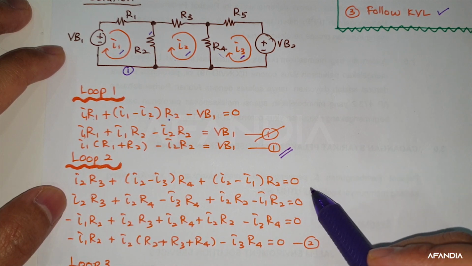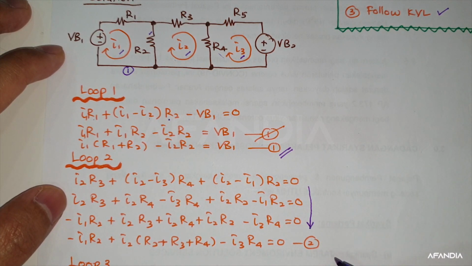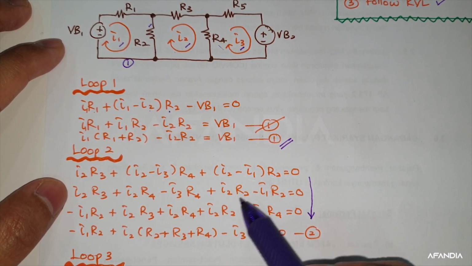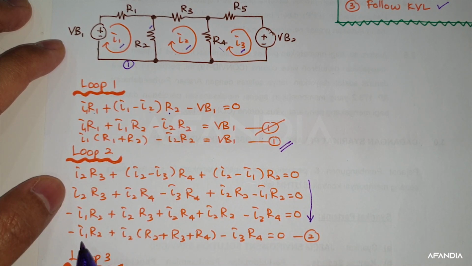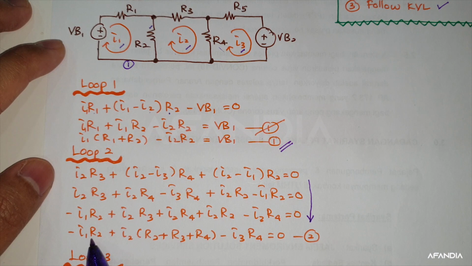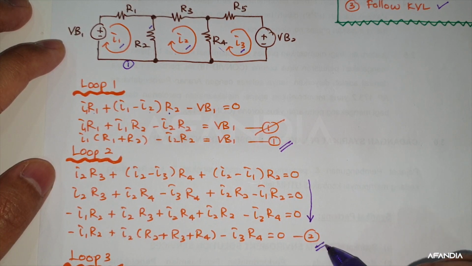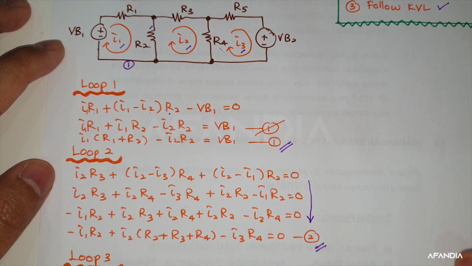So all this step is about your mathematics. What you need to do is just rearrange all your terms, and finally what you can get is minus I1 R2 plus I2 times R2 plus R3 plus R4, minus I3 R4, equals 0. So this is your second equation.